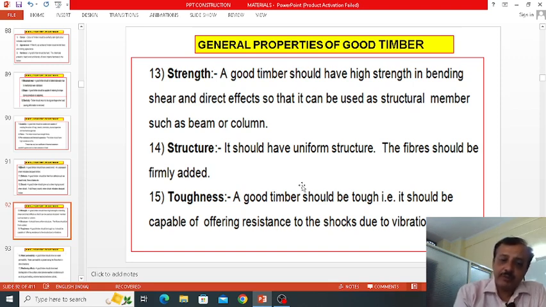Whatever fibers we see in the timber should be firm, and it should have a uniform structure throughout.